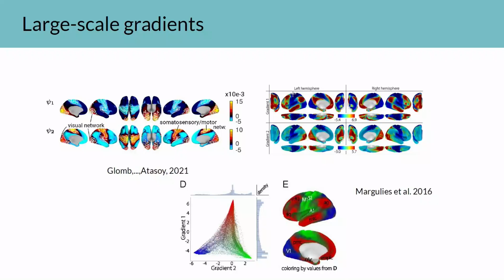And the way to interpret these two gradients, or these two functional harmonics, is that they are large-scale gradients on the cortical surface that define this kind of triad between visual network, sensory motor and auditory networks, that's in green in the picture on the bottom left, and then higher order regions, or as Margulies et al. showed, this is mostly DMN regions.